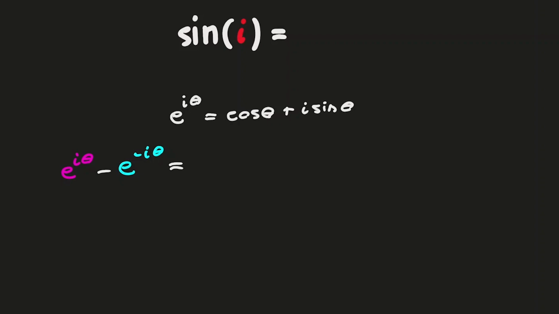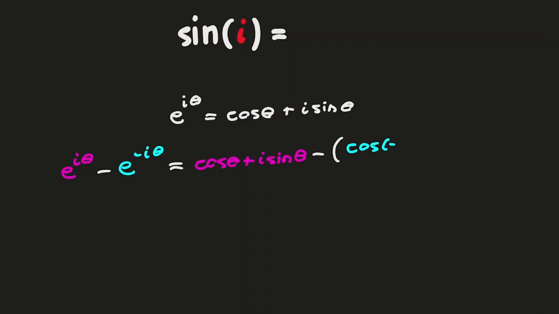It's not complicated, but let's write e to the i theta. This is cosine of theta plus i sine of theta. And from this quantity, we're subtracting, so let me put a minus sign and open a bracket, e to the minus i theta. So we need to change the sign of theta inside the trigonometric functions.